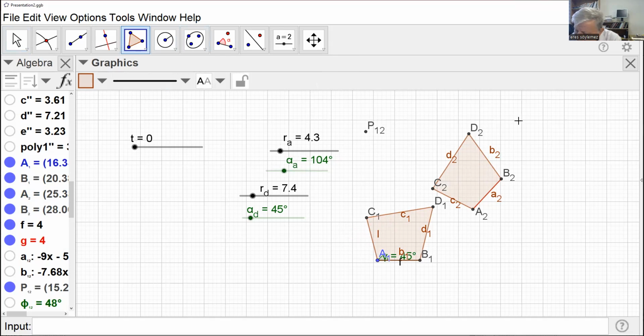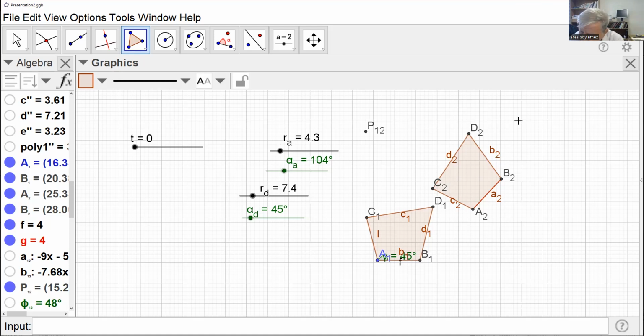C and D I will call moving pivots. I can call them moving pivots because those are the revolute joints which will be rotating, moving. Or I can call them circle points because once I attach a crank to them, they will be on a circle. C1, C2, C1 will be on a circle.